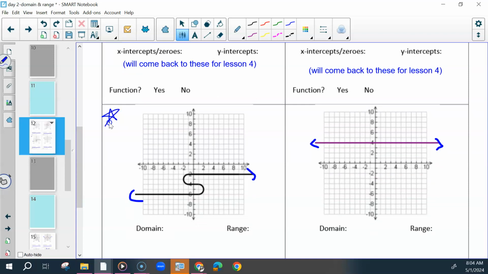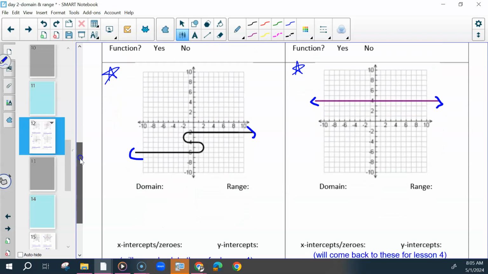Any others? We'll do this one too, and then that'll probably be a good sum.